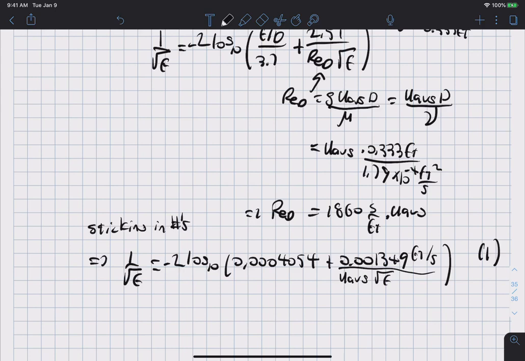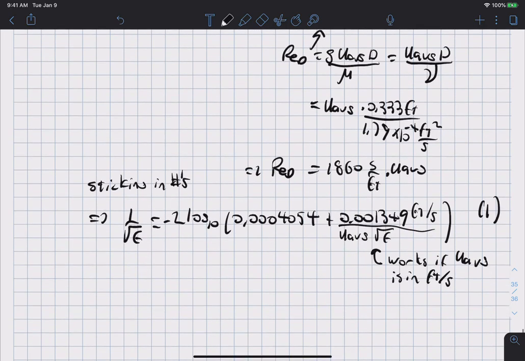The units work, everything cancels out because F is unitless, so we need all these coefficients to be unitless. This works if U averaged is in feet per second.